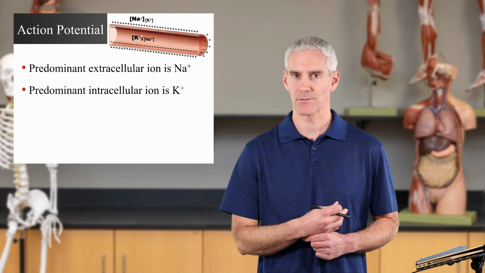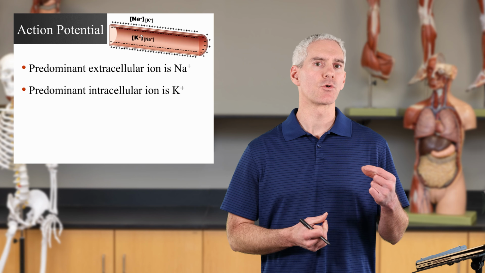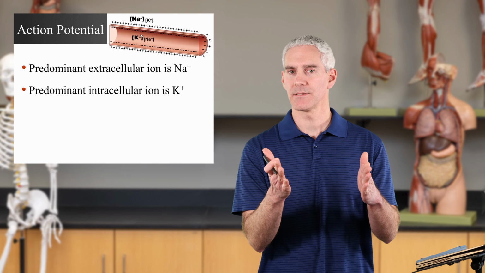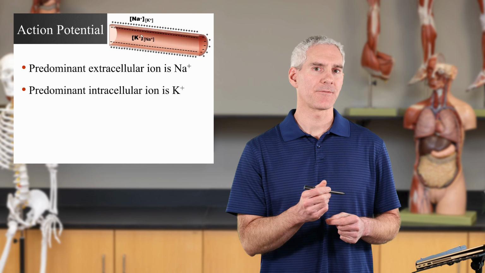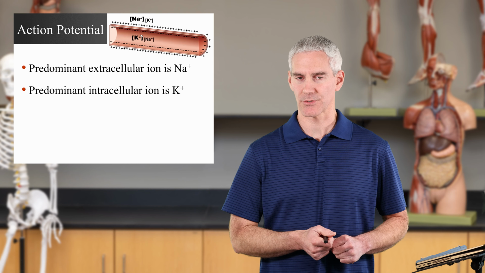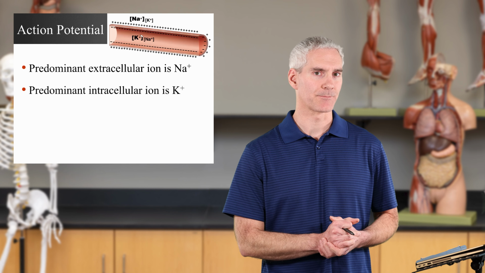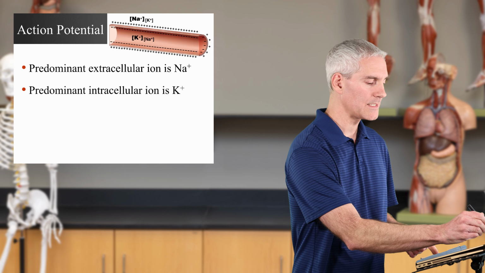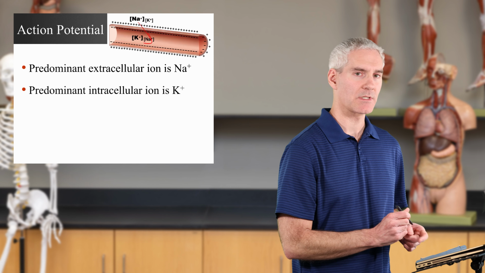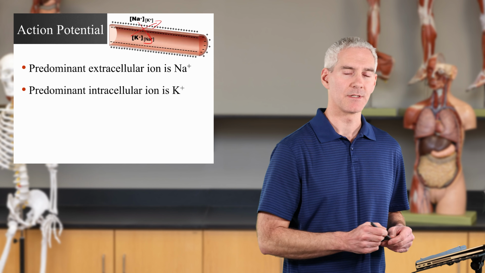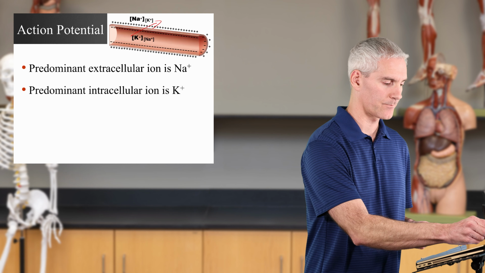lower concentration outside. Now these gradients are important because once a channel opens, the ions want to flow from high to low concentration. That means from this resting membrane state, the sodium wants to flow down to its lower concentration. Potassium wants to flow out to its lower concentration.